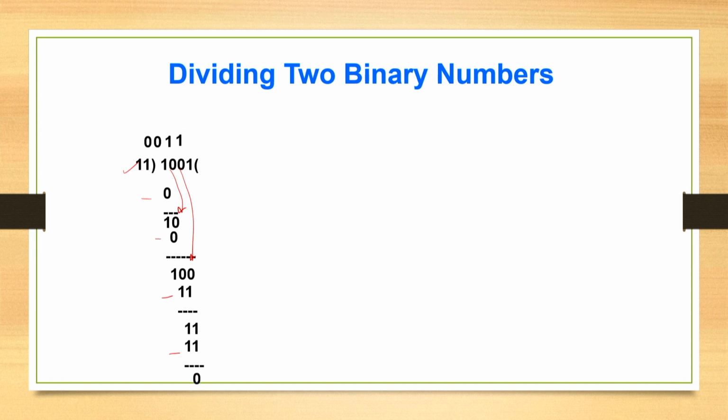So, this method is the same as that of your decimal numbers. Here, 1 1 represents what? This represents 3 and 1 0 0 1, this represents what? Your 9. This is the decimal representation of this.